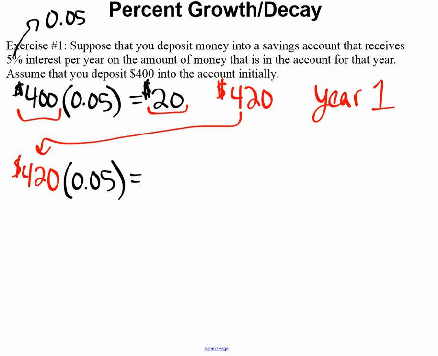And that gives me $21 of interest. Well, I don't want to just know my interest, so I have to add that to what I started with at the end of year one or the beginning of year two. So that means that I'm going to have $441 when I combine those dollars after year two.